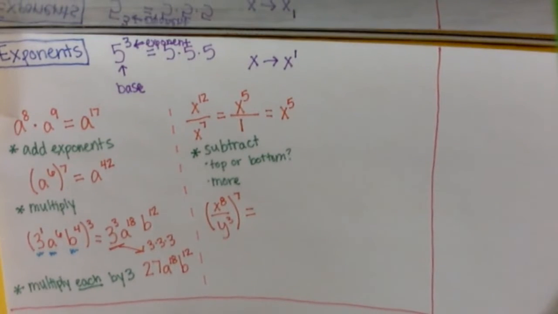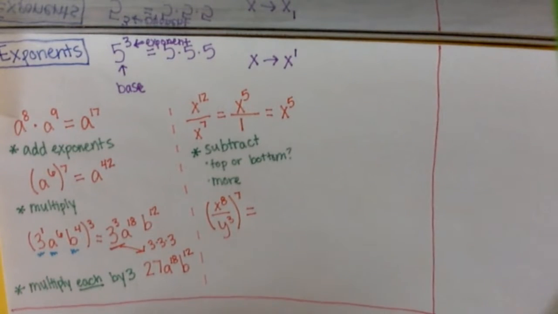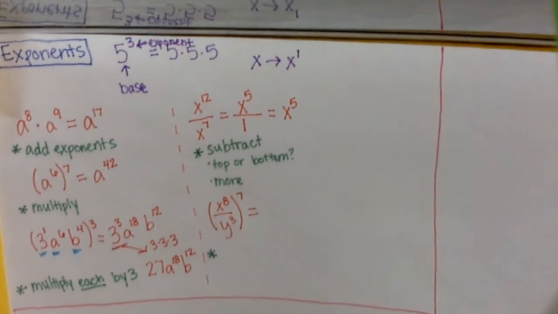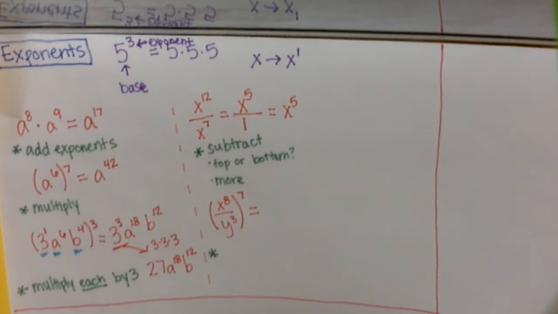All right, our last idea that we did was with those negative exponents. If we have c to the negative third power over d to the fifth power, we don't want a negative exponent in our answer. We only want positive exponents. So what are we going to do to get a positive exponent?